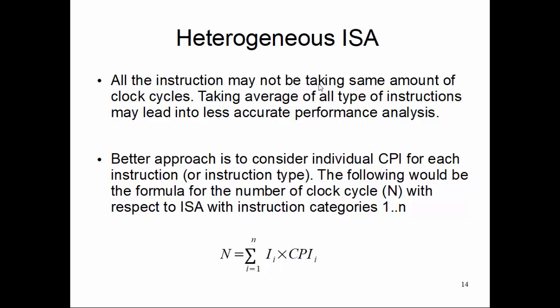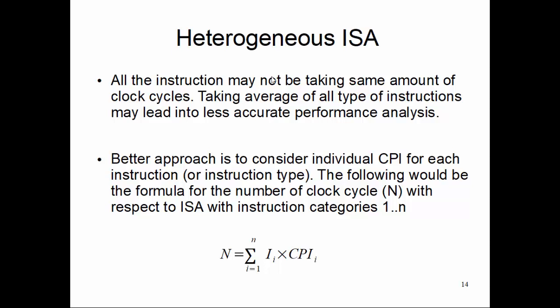In that case, to ease up our performance calculation, we can bucket them in each individual group. Like the first group, okay, 4, 5, 6, let's say. So we can just make an average of CPI for that group. And then for the second group we can make an average because they are kind of similar, not really the same CPI for each instruction, but similar CPIs. And the other set has similar CPI but a higher number, so we average them out per set or per group of instructions. And then we apply this average CPI per group and sum it up.